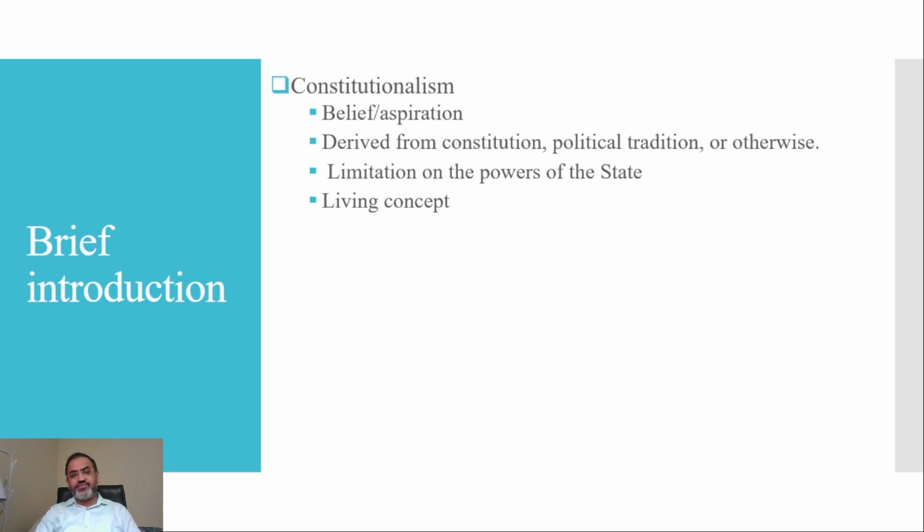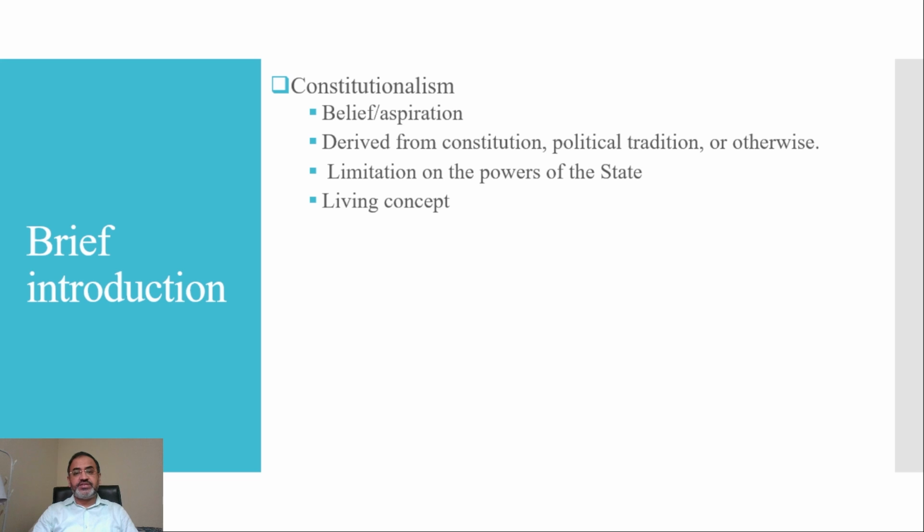Though it is derived from the constitution and political tradition, over the period of time the principle has become so important that in the absence of constitutionalism, we say that a constitution ceases to be a constitution. What do we mean when we say constitution?